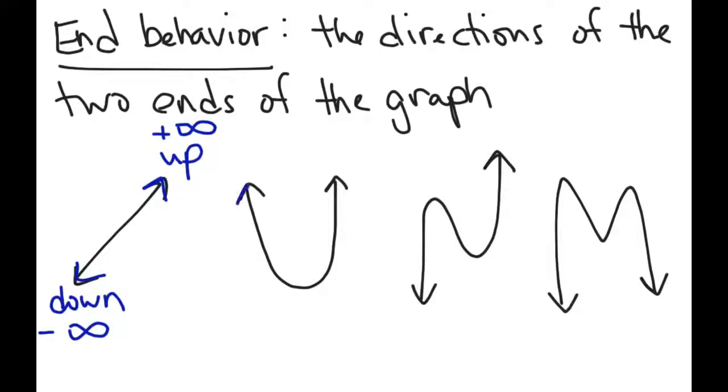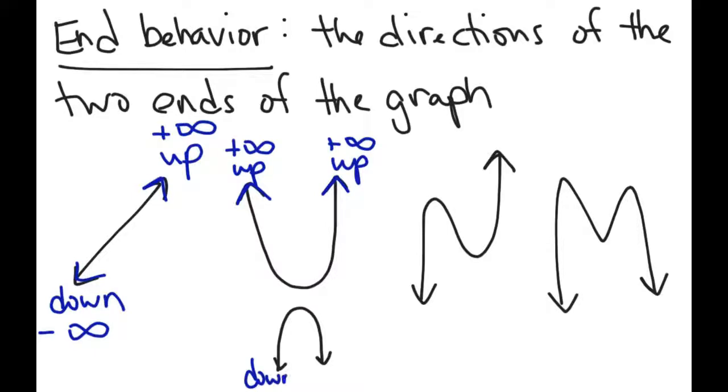This quadratic graph, this side of the graph goes up, and so does this side. So in a quadratic graph that opens up, both ends of the graph go up, or in other words, they go to positive infinity. However, if I had given you a quadratic whose leading coefficient was negative, both ends of the graph would have gone down, or they would have gone to negative infinity.